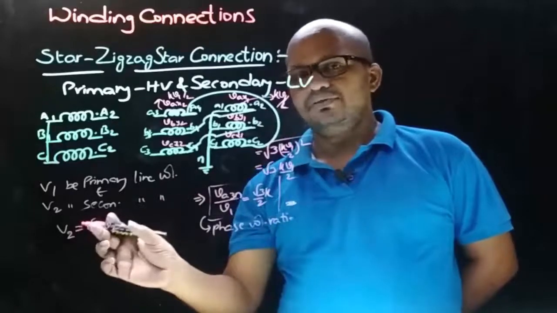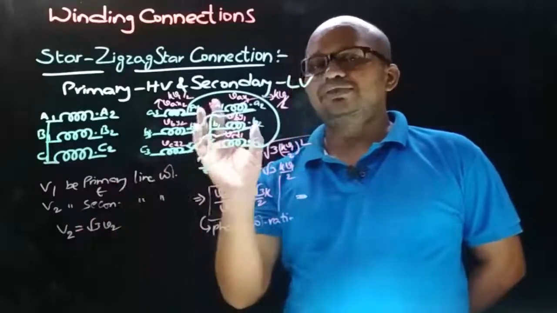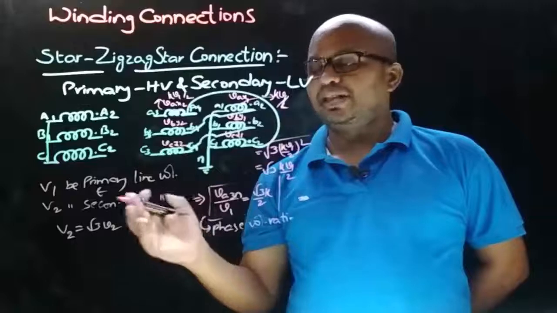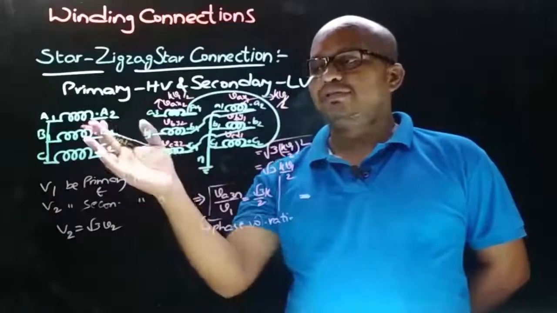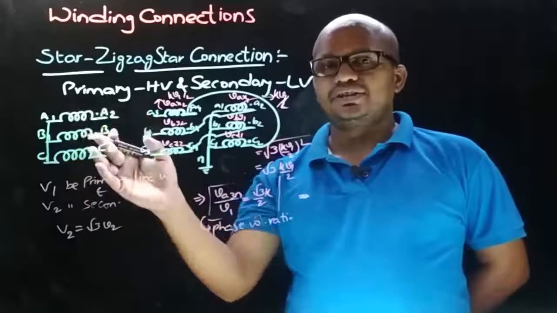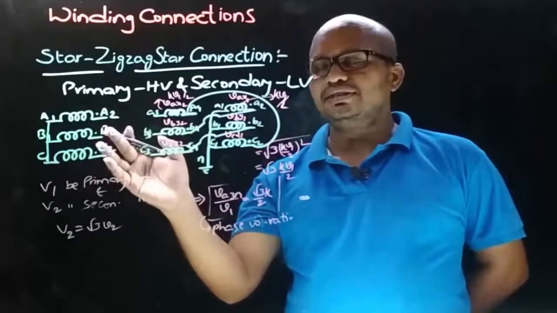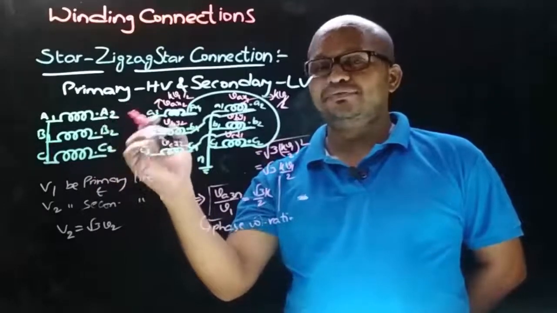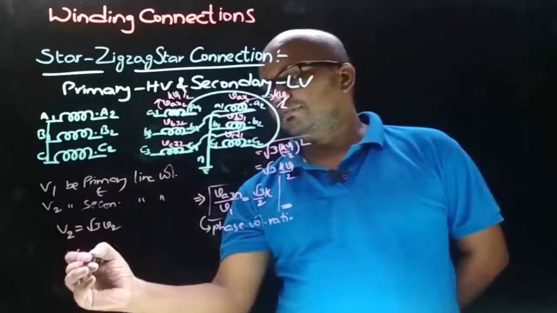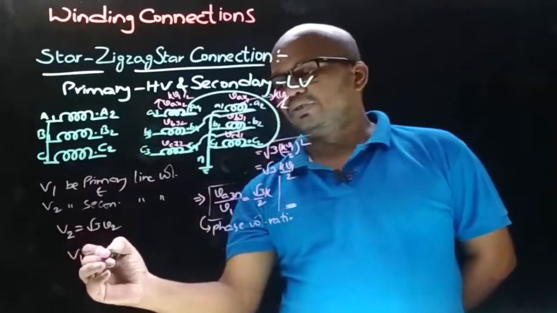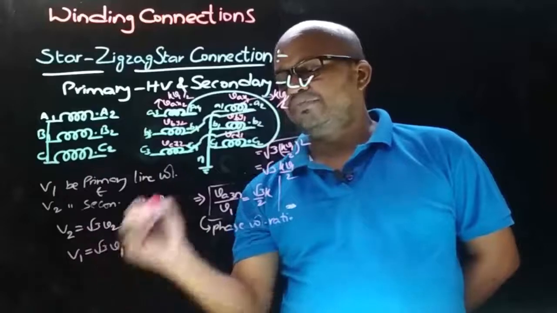So this is the relation for the LV side zigzag star connection between line voltage and phase voltage. And now observe in primary side, this is star connected, and the relation between phase voltage and line voltage here is line voltage is equal to root 3 times phase voltage, means the primary side line voltage V1 is equal to root 3 times the primary side phase voltage.